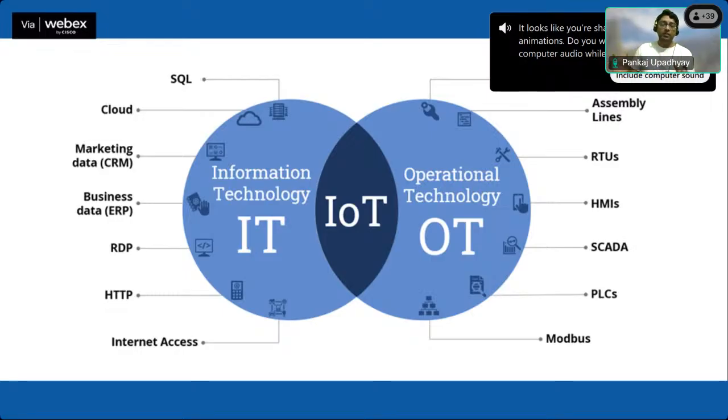So that's the major difference. IT is more about the data, and OT is basically the real world, how you can operate those physical devices. That's the main picture when we are talking about why it's necessary to introduce the OT environment.